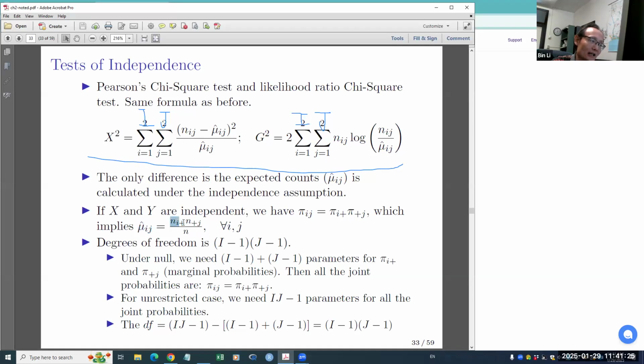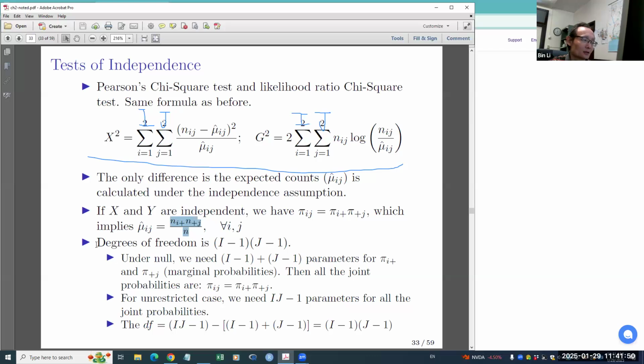It is the ith row sum times the jth column sum divided by the total number, n. You can easily show the expected count is equal to that. That's how you find the expected counts under the independence assumption.